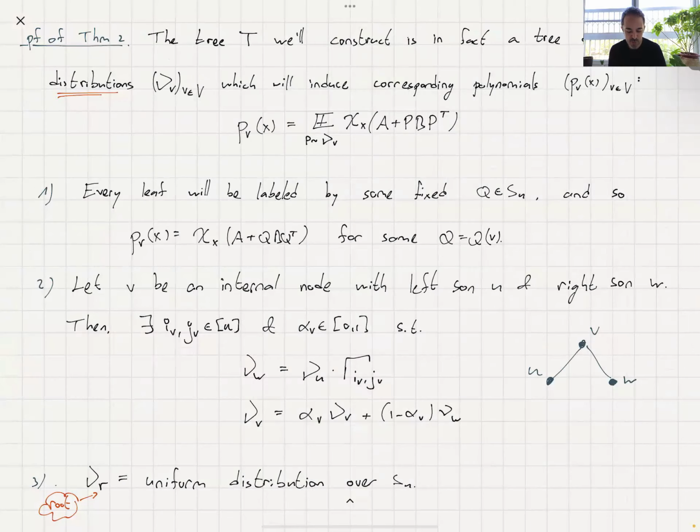So the proof of theorem 2 is as follows. Instead of talking about a tree of polynomials, let's talk about a tree of distributions, and the polynomials will be induced by these distributions. It's actually nicer to work with the distributions, because that's what we're actually doing here.